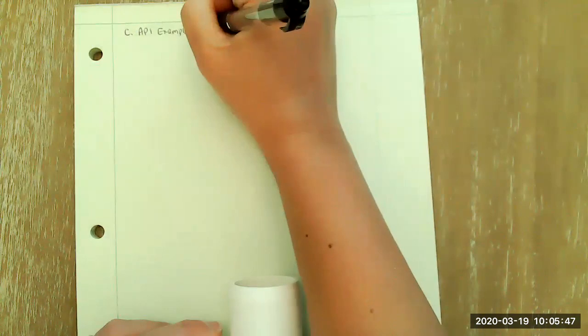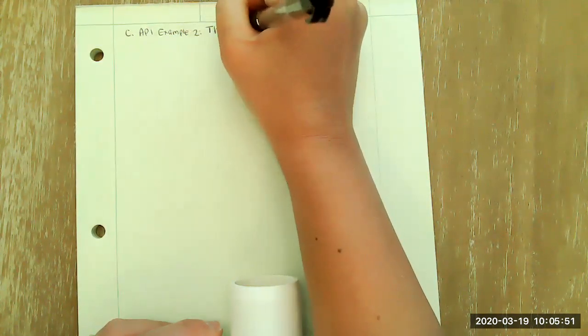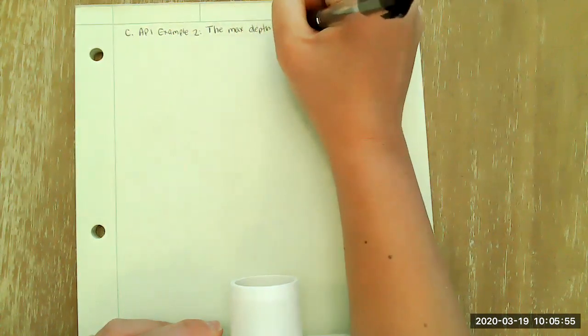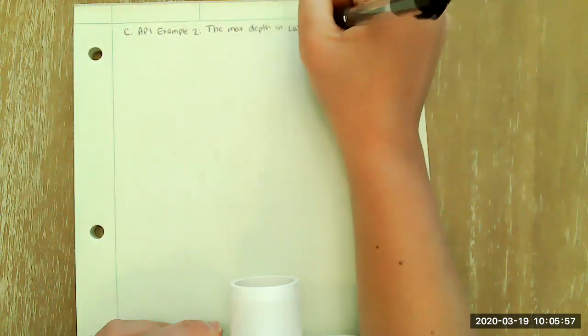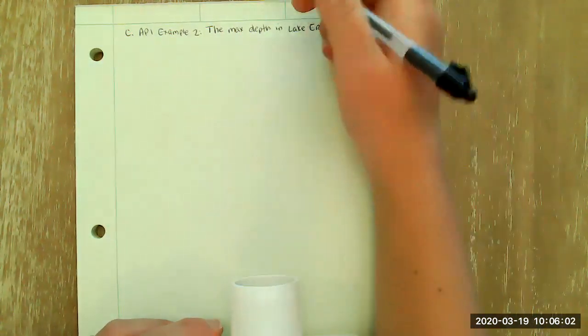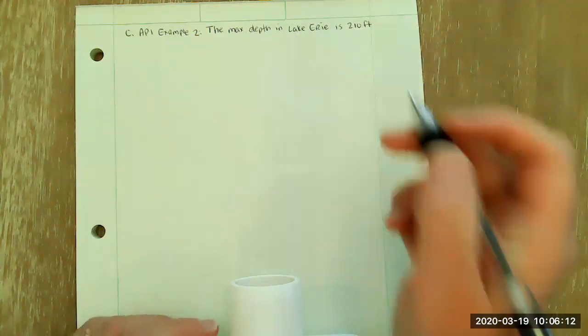And fun fact, I was online the other day and I found out that the max depth in Lake Erie, so for anyone who's up around Pennsylvania, New York, is 210 feet. This is actually much shallower than if you were closer to Lake Michigan or Lake Superior, so another fun fact.